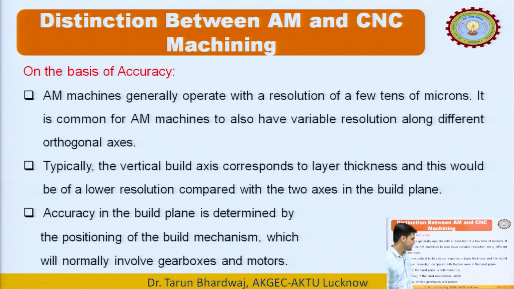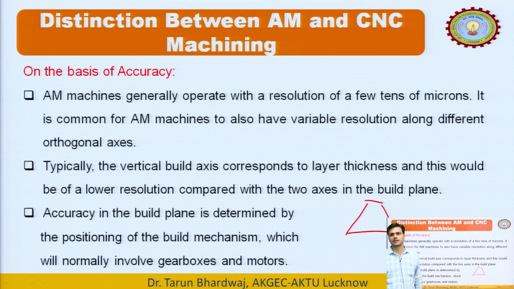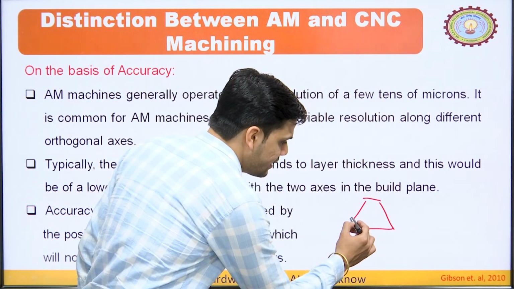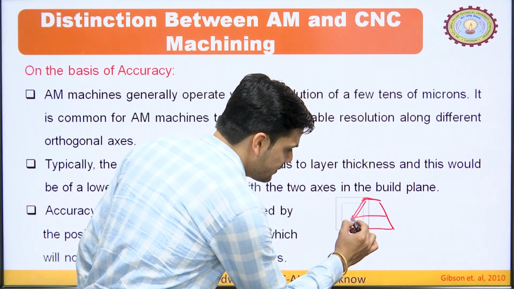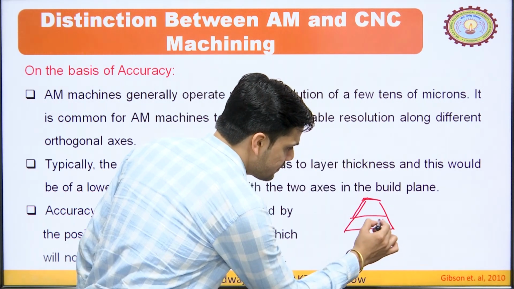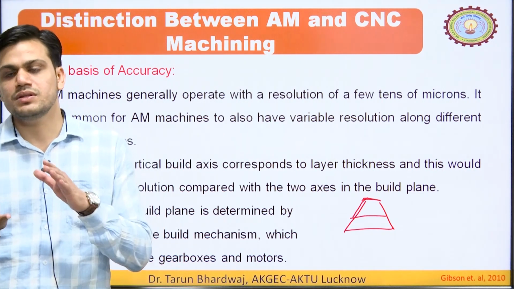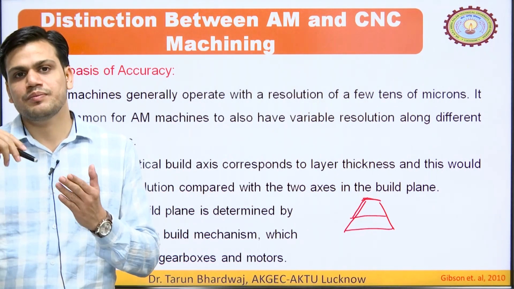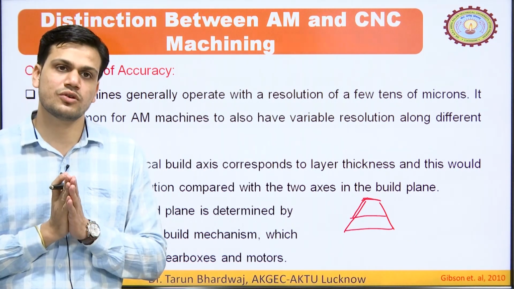So let's take an example for this, suppose we have to create one object like this. Okay, suppose we have to create an object like this. So when you take a very high layer thickness, then what actually happens is that the staircasing, the stairs are very high for that particular product, when we talk about the layer thickness.